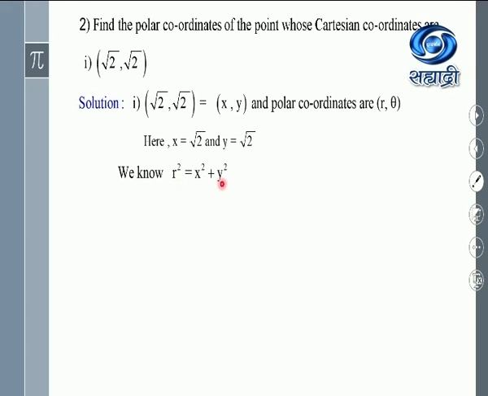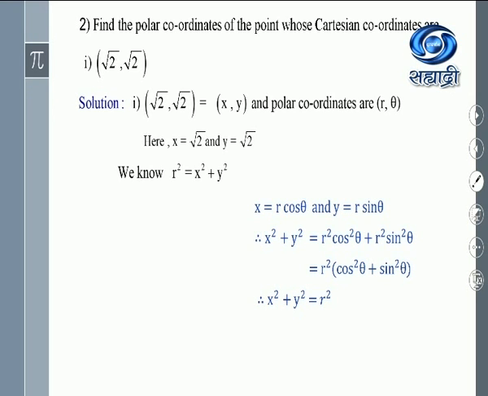Now this relation we had done in the relation between polar and Cartesian coordinates: r square is equal to x square plus y square. How this relation we got is from these two relations or equations. x is equal to r cos theta and y is equal to r sin theta.